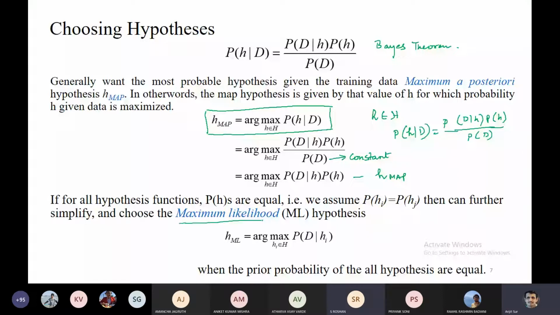But please understand that maximum likelihood has the assumption that these hypothesis functions are equally likely.